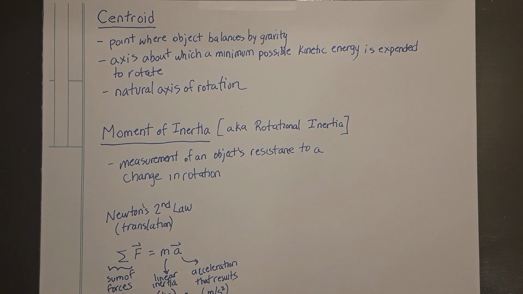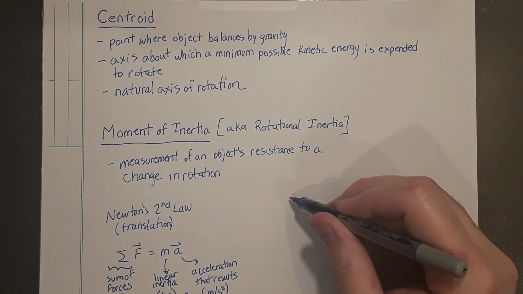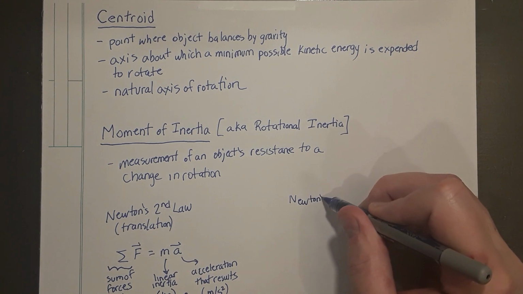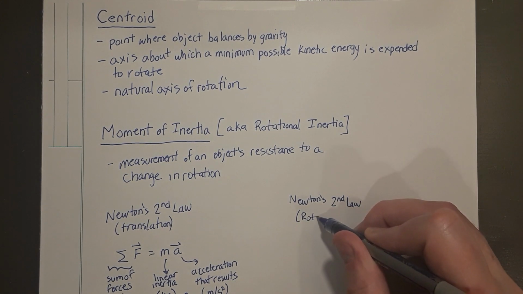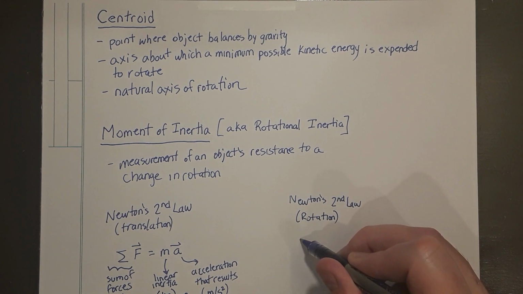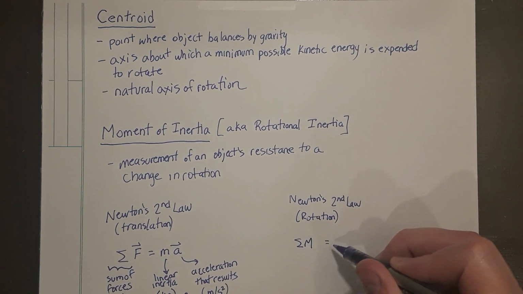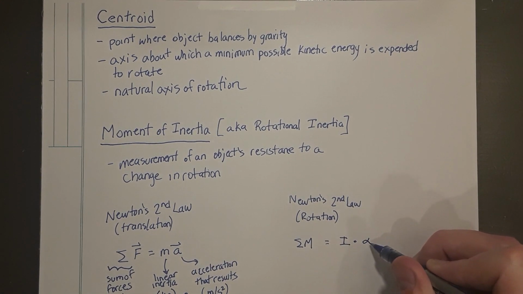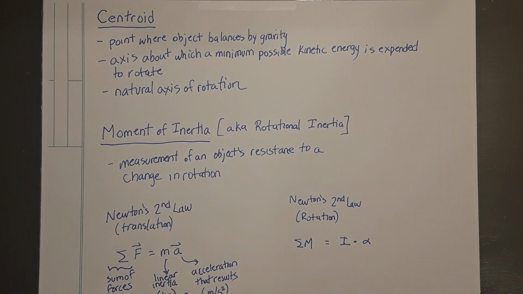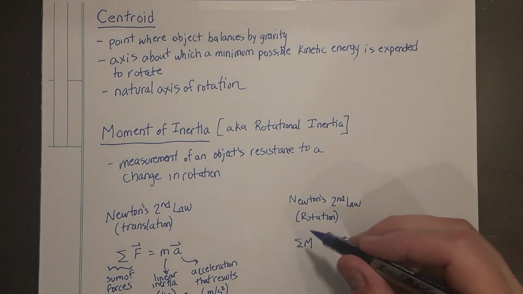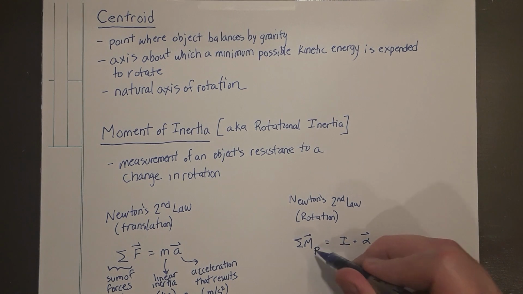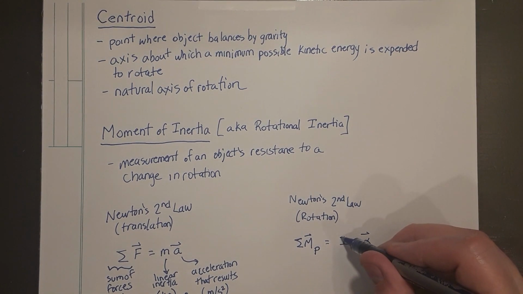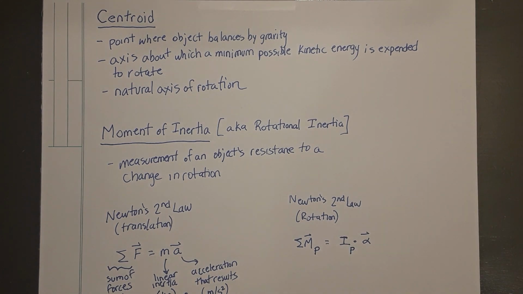But in Newton's second law for rotation, where we do net moment equals moment of inertia times angular acceleration, there's a big difference in the way that you do this analysis because you cannot calculate a moment vector without reference to an axis about which it spins, which means that your moment of inertia is also calculated in reference to the axis about which it spins.